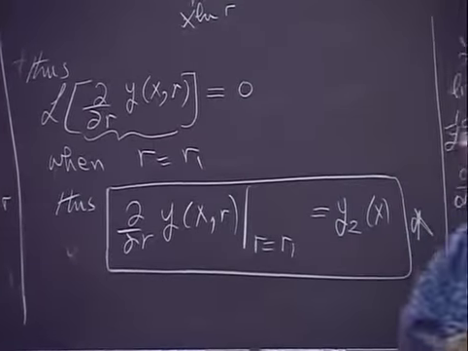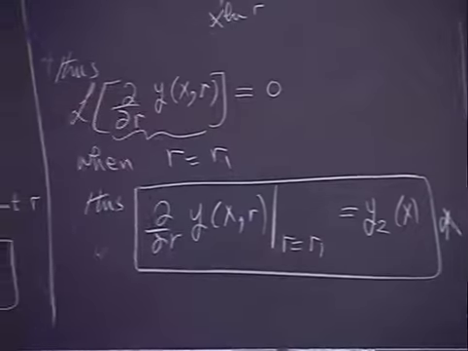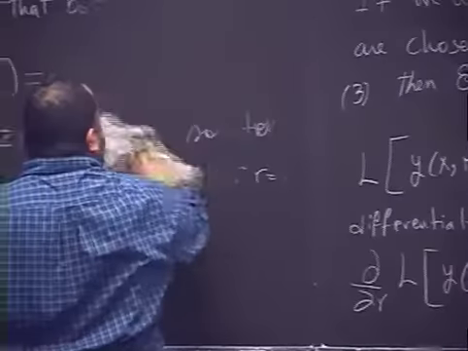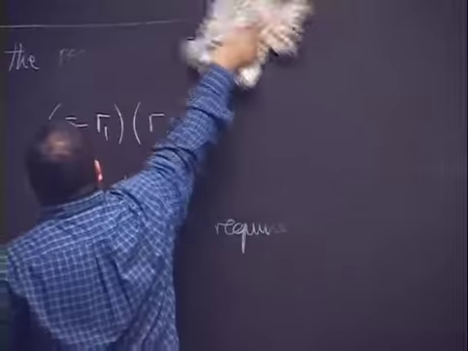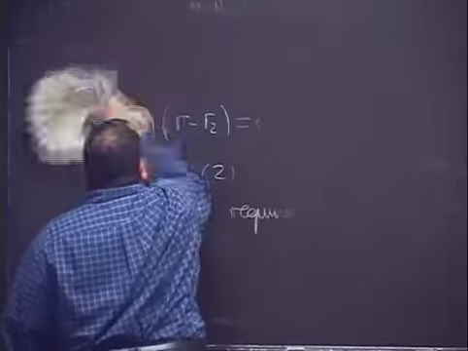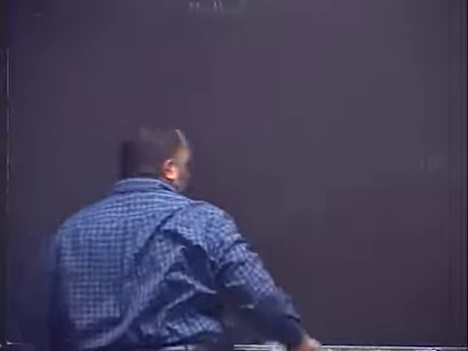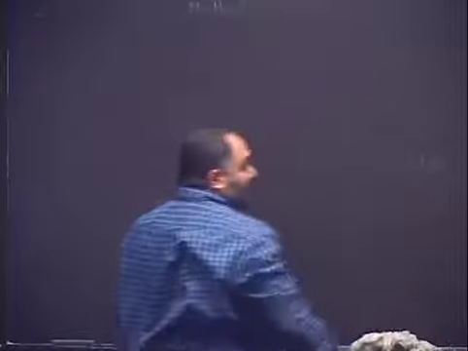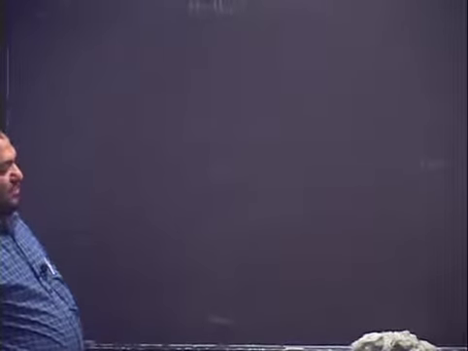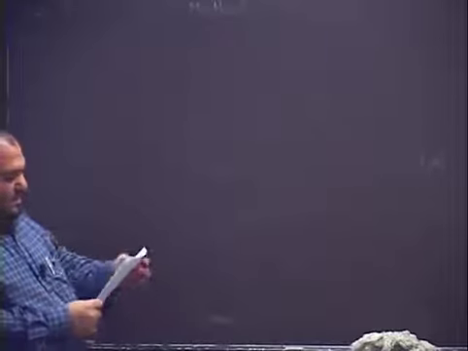So this is also a solution for our differential equation. But do you want to keep it like this, or do you want to simplify and figure out what the solution will look like? Usually you want to simplify it and search for some analytical form, instead of just saying y2 equals d by dr of y of x and r.